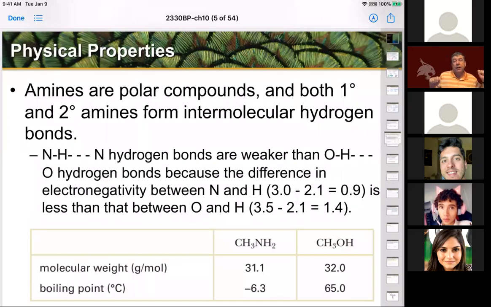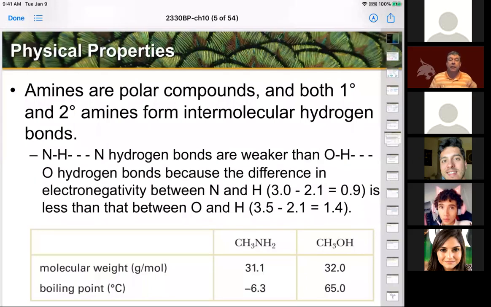Okay, so I was talking about how the amines have a polar bond between the nitrogen and the hydrogen. And that means if there's a hydrogen on the amine, it will hydrogen bond. However, because the polarity between the nitrogen and the hydrogen is weaker than that of the oxygen and hydrogen, there's less of a difference.